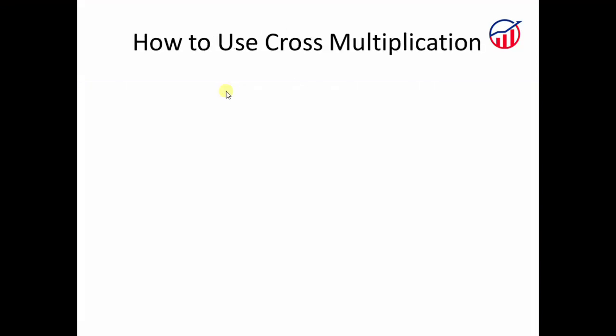So let's move ahead and understand how to use cross multiplication for our day-to-day activities. Now let me tell you everyone, this is one of the functionalities which is going to be used throughout your lifetime. So make sure that if you don't understand it, you get the basics right, because this is going to be used across your life.